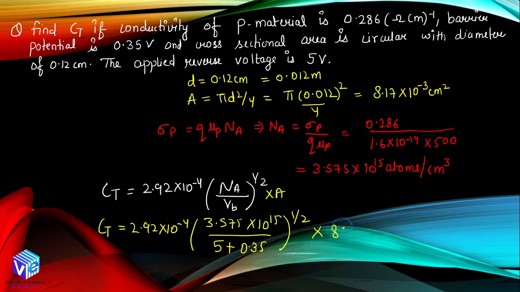Area I have already computed, 8.17 into 10 raised to power minus 3, right? So you can compute this area into the centimeter. You don't need to compute it into the meters only. So if you have this formula, it will be in meters, and you can convert it into the centimeters, because I am calculating all of the things in the centimeters.